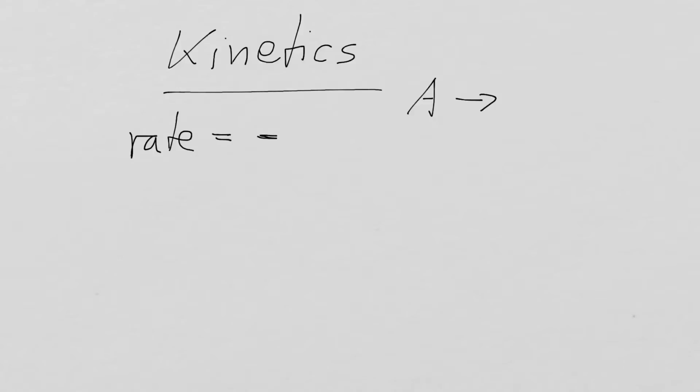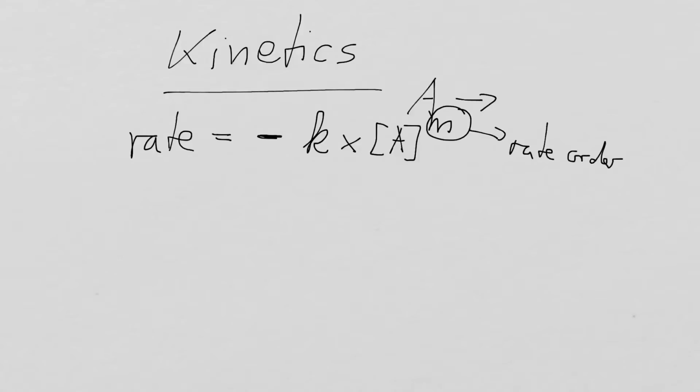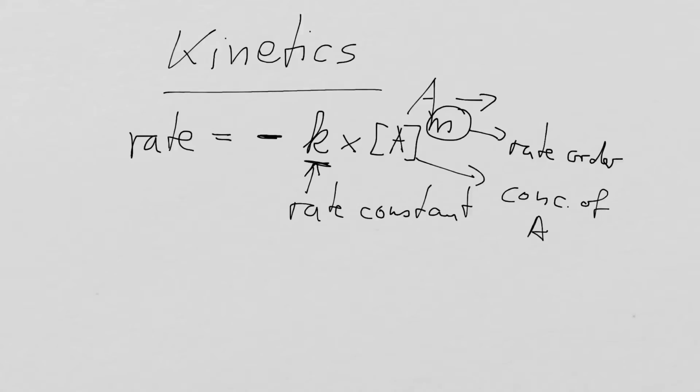So rate equals negative rate constant times the concentration of A to the power of M. And this M here, that's a rate order. And the K here is the rate constant. And this one here obviously is the concentration of A. Okay?